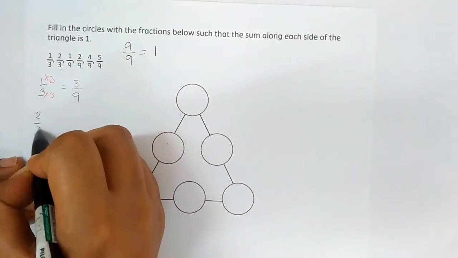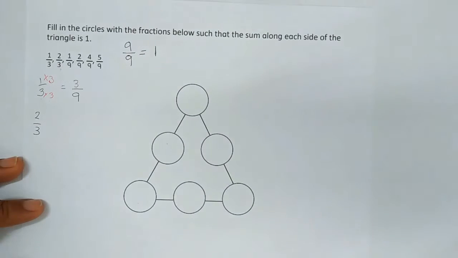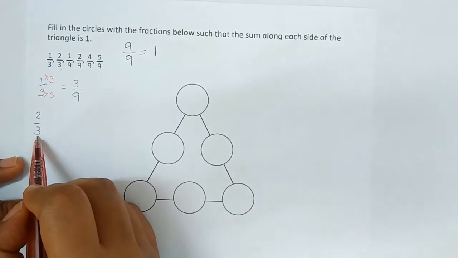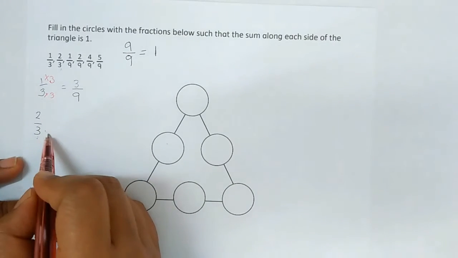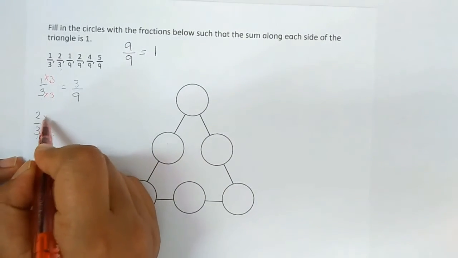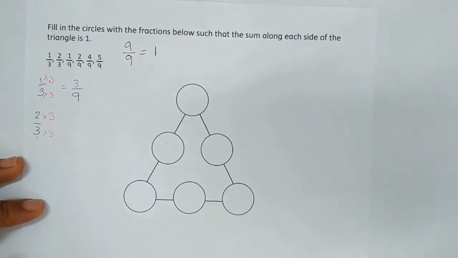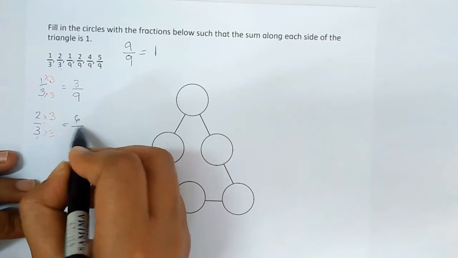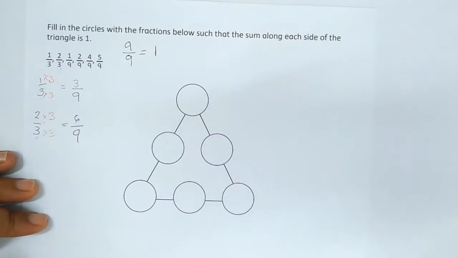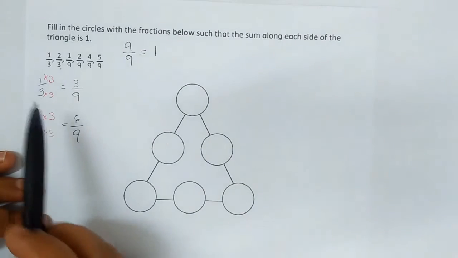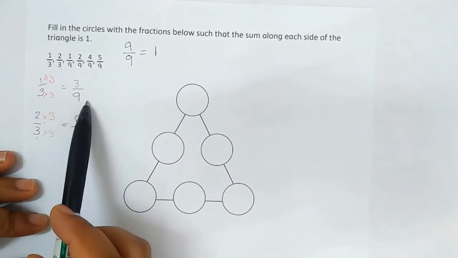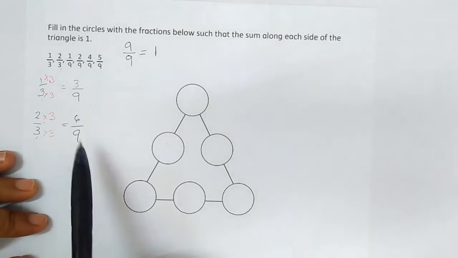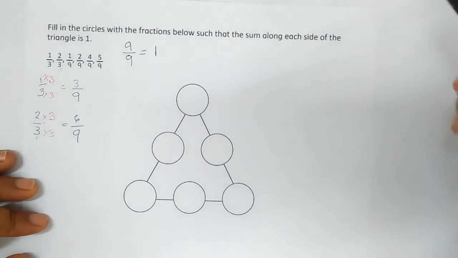You're going to think of a number that you multiply by the denominator 3 so that the answer is 9. Yes, times 3 also with the numerator. So 2 times 3 is 6. 3 times 3 is 9. Okay, instead of using 1/3, we are going to use 3/9 in adding. Instead of 2/3, we're going to use 6/9 as the new fraction.